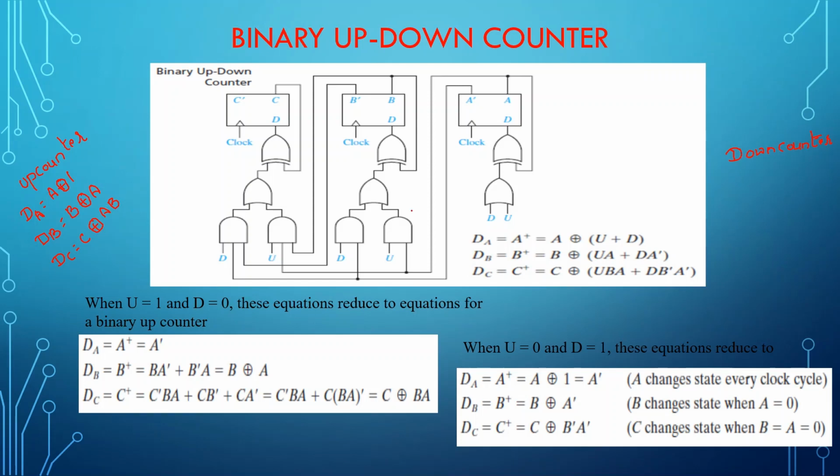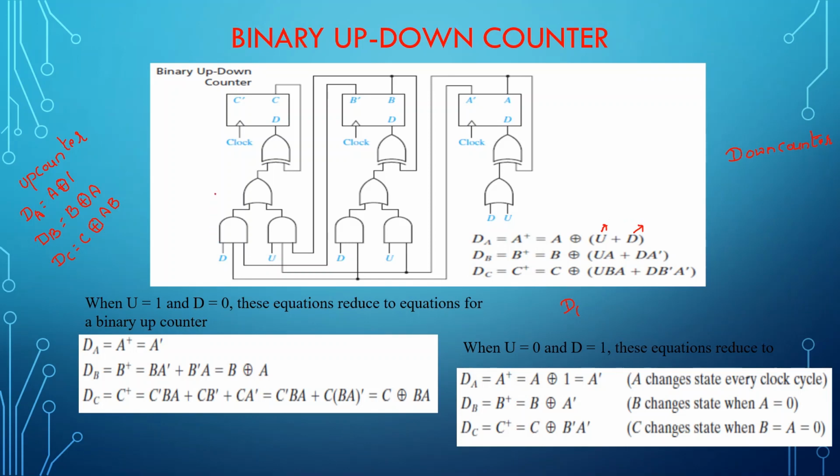What you can do is write the equation for dA as A XORed with U or D, where U stands for a signal in the circuit if the counter has to count in the upward fashion, and D stands for the signal in the counter which counts in the downward fashion.